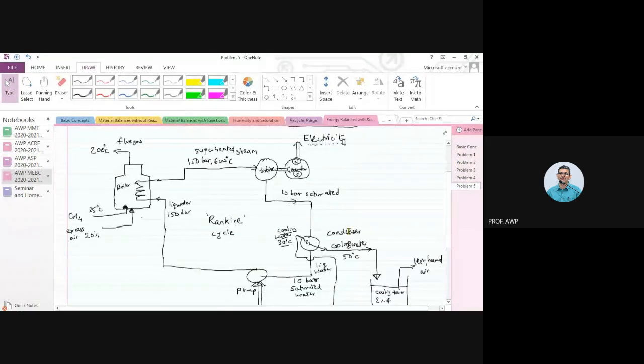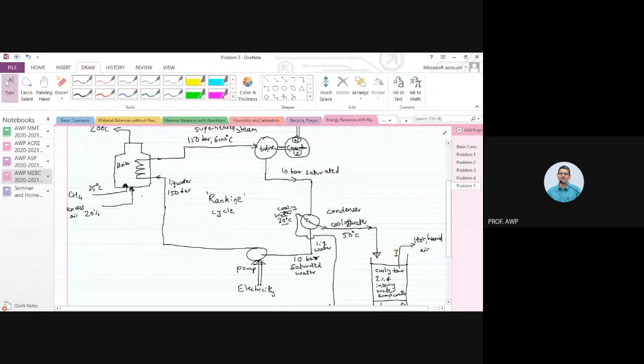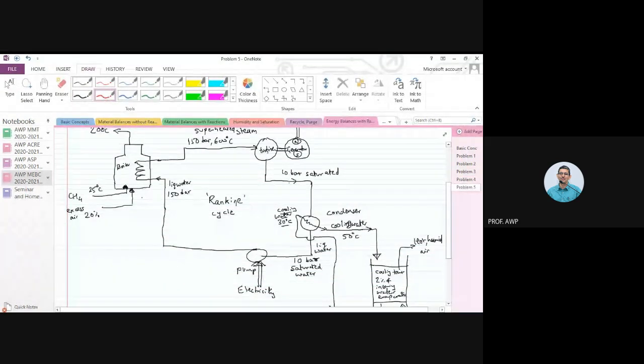Obviously, there are better ones now which use a lot of heat integration, but let's not worry about that just now. The steam goes in a closed cycle. This steam going in a closed cycle is called the Rankine cycle.